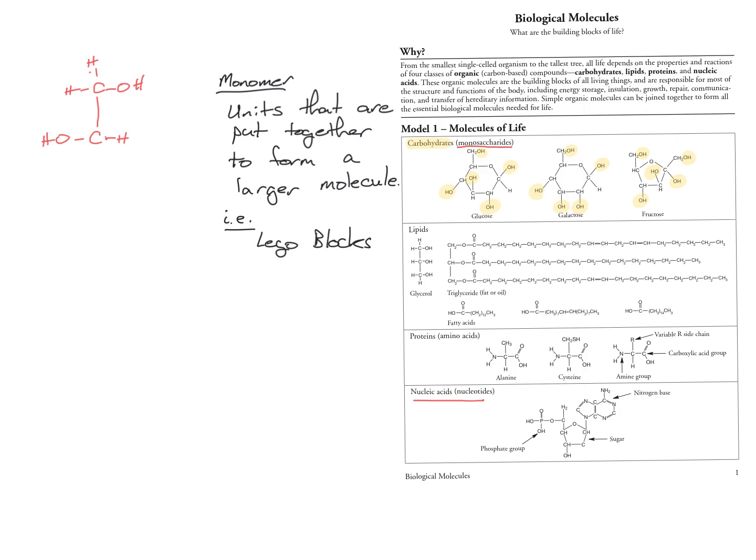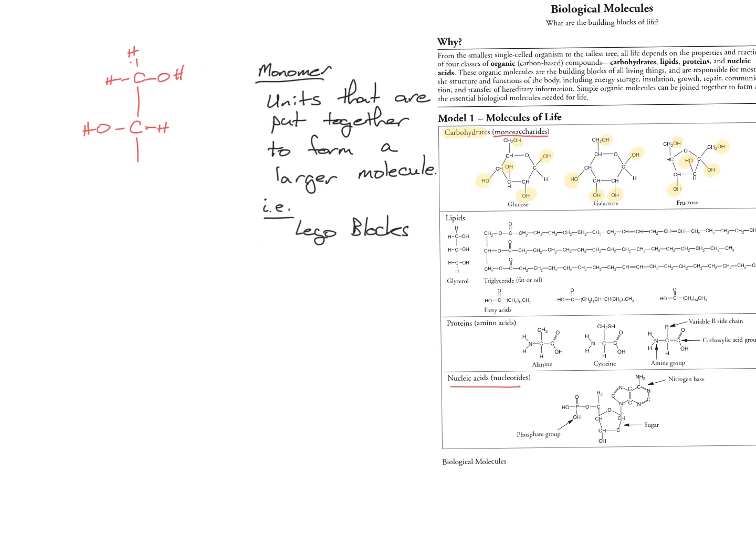You'll notice that not all the hydrogens are drawn in there in those drawings. That's to be expected. So what I'm doing is drawing out these 6 carbon sugar chains.